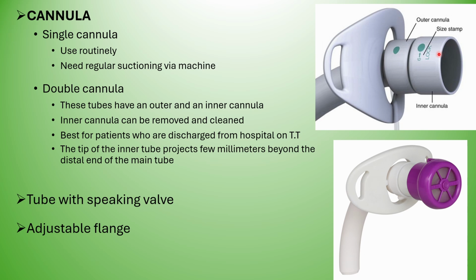So the inner tube is removed 2 to 3 times a day and cleaned, while the outer tube is removed after every 1 to 2 days and then cleaned. But an important point is, just after the procedure, for the first 4 to 5 days or up to 1 week, the outer tube should never be removed because the tract has not formed till that time, and on removing the outer tube there are many chances that the tracheostomy site will close and the patient will become apneic or unable to breathe.